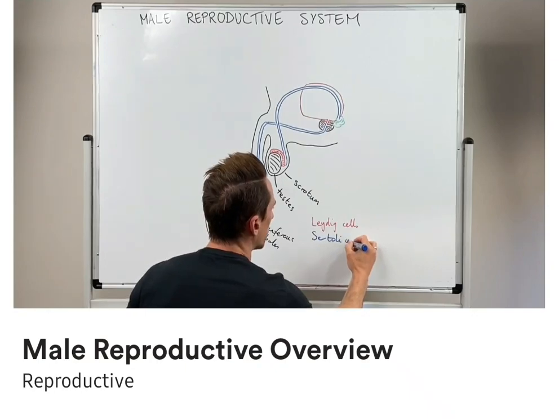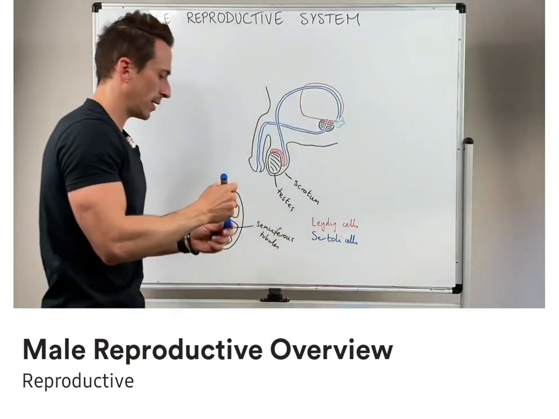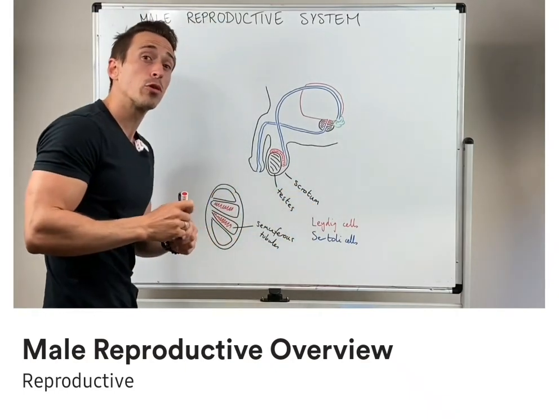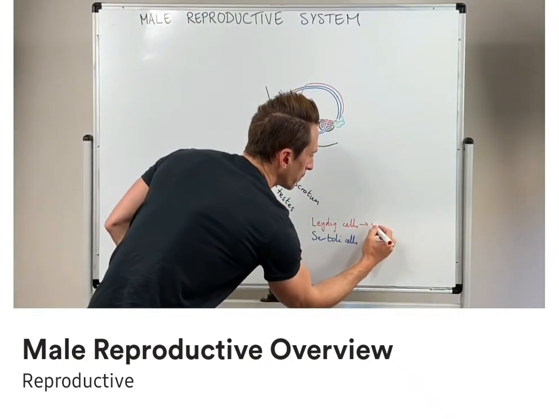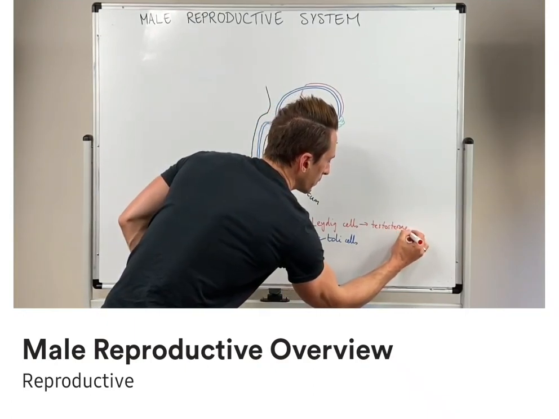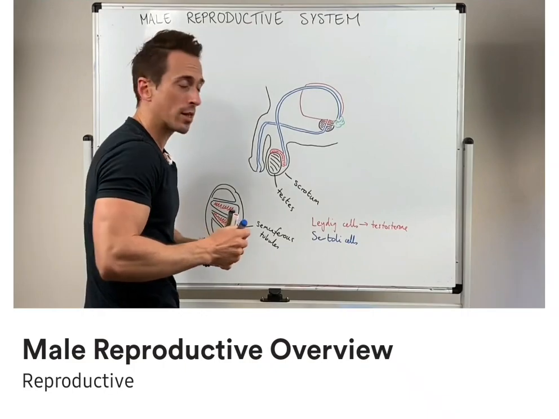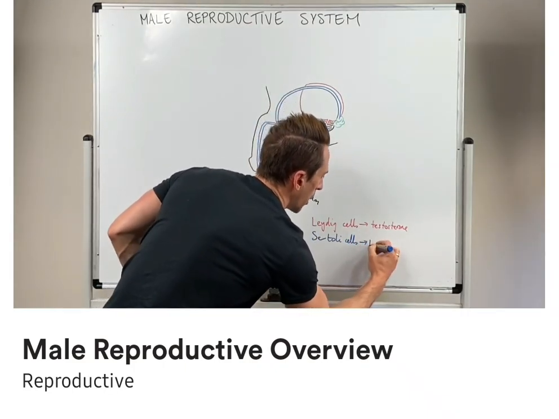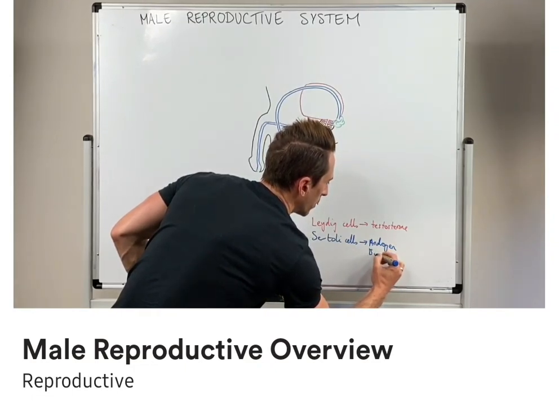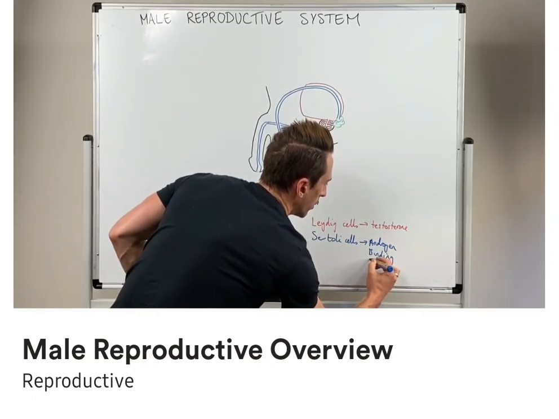Now, what do these cells do within the testes, specifically at the seminiferous tubules? The Leydig cells produce testosterone. And the Sertoli cells produce something called androgen binding protein, also known as ABP.